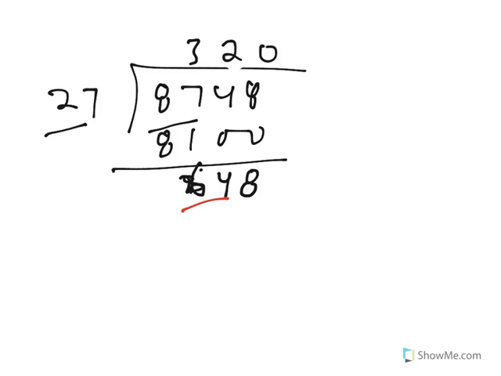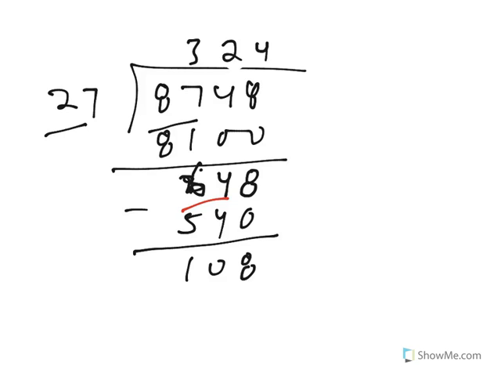So I need to subtract away 20 more 27s, which is 54, but it's really 540, and subtract and get 108. So we're down to the last digit. 27 goes into 108 4 times. I need to subtract away 4 more 27s. And that's what the long division looks like.